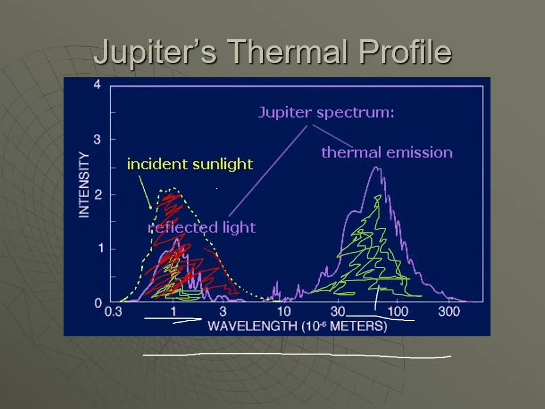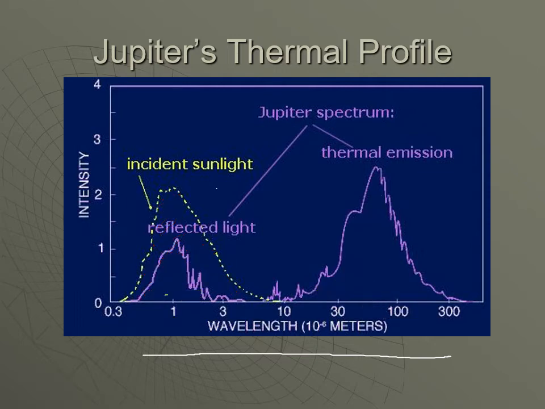The area under the yellow curve is the power, or the energy per second, going into Jupiter from the sun. The area under that purple curve, on the other hand, is the energy per second given off by Jupiter. Now, on Earth and all the other planets, those two numbers should be the same.